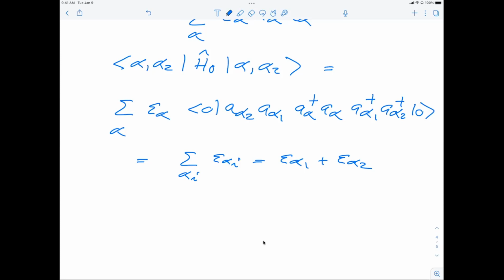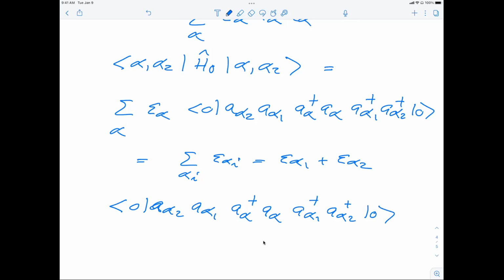Okay, so if you now look at the quantity we need to look at, so we have this A alpha 2, A alpha 1, A, sorry, sometimes it's easy to write an alpha instead of an A. So what I want to do now is to place all the creation operators to the left and the annihilation operators to the right.